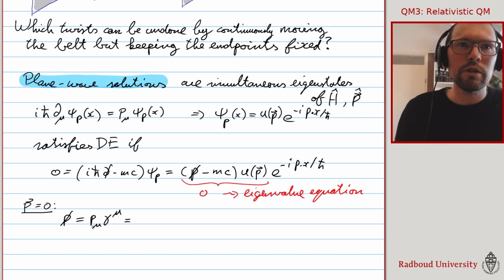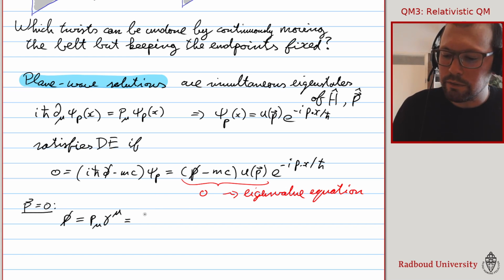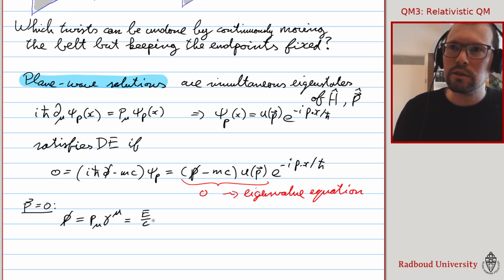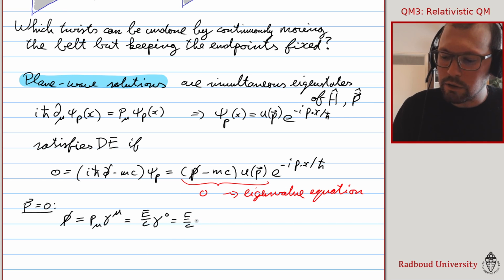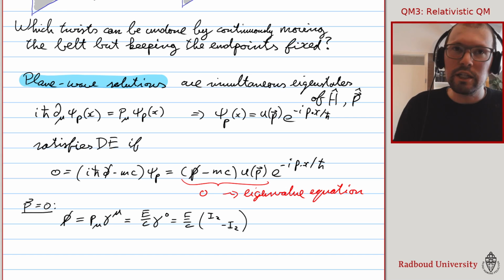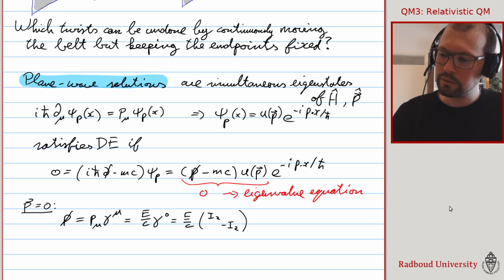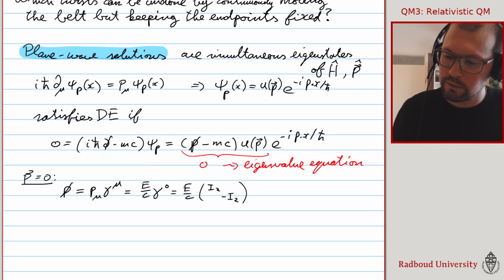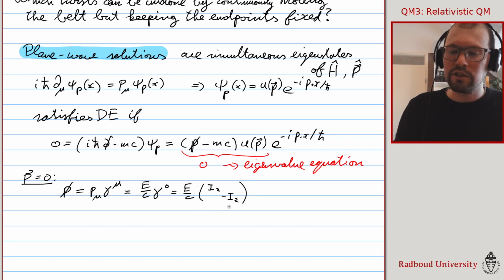But only the zeroth component of p is non-zero, and it's given by the energy normalized by the speed of light times gamma 0. And if you recall what this gamma 0 matrix is, it has 1, 1, minus 1, minus 1 on the diagonal. So u has to be an eigenvector of this matrix with eigenvalue equal to mc.